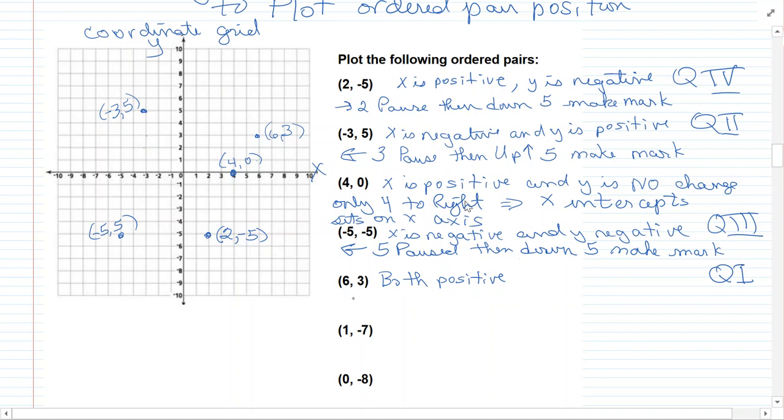And that means that we go from the origin to the right 6. Then pause, sorry. I better put zeros. You're right. Very clear. Then up 3. Make mark.